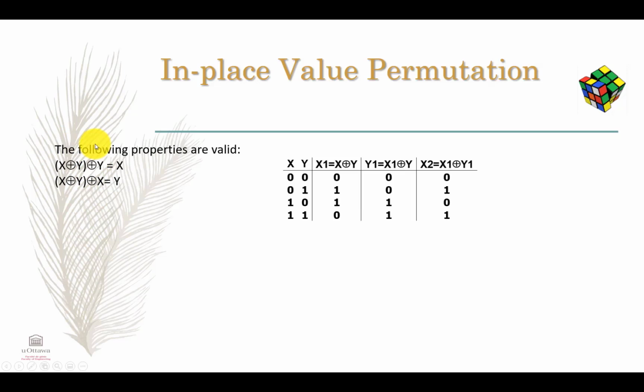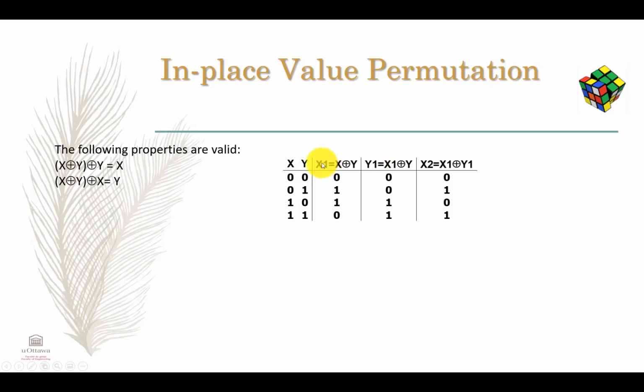Okay, so if you would like to prove it, we can follow the truth table. So I have here x and y. So the exclusive OR of x and y is 0, 1, 1, 0, and I refer to it as x1.